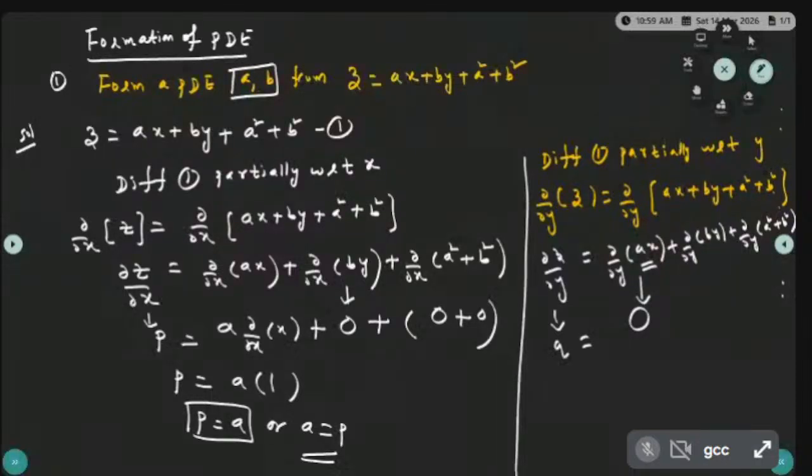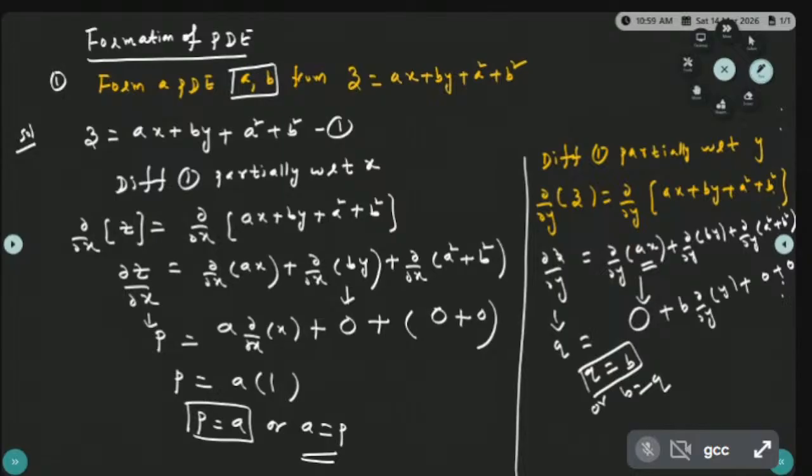Okay. Here, y is there, but what is b? Take b outside. Dou by dou y of y, and differentiation of constants, finally what you are getting, q equal to b or b equal to q.